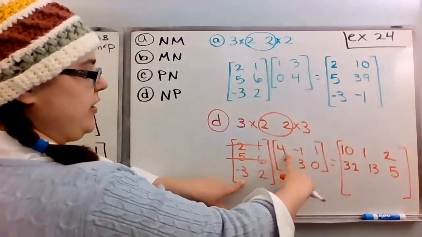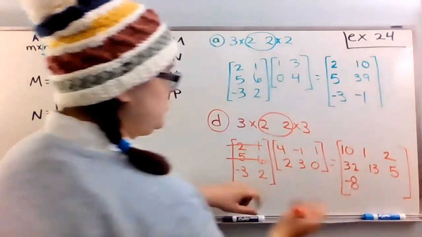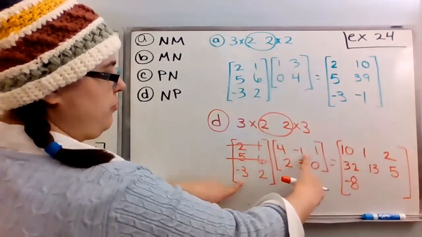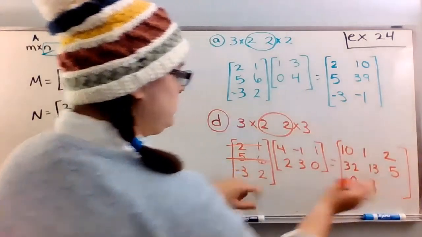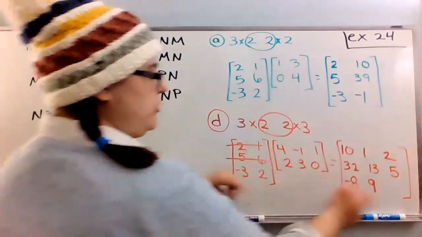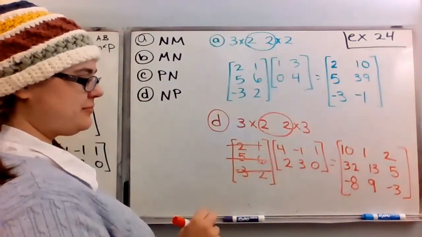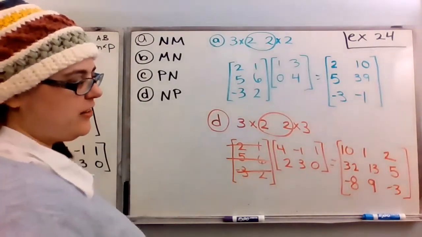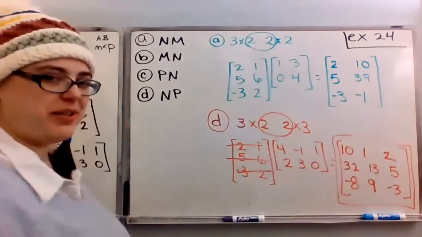So we have a -12 plus 4, which is a -8. A 3 plus 6, which is 9. And then a -3 plus 0, which is a -3. All right, and that's it. This is the product of N and P.